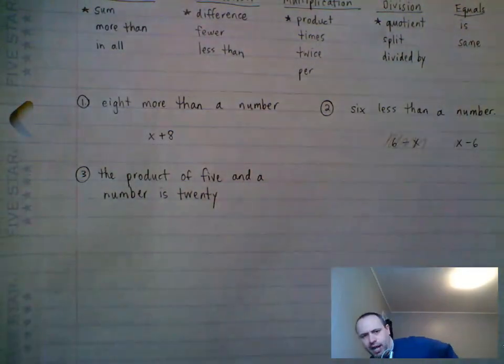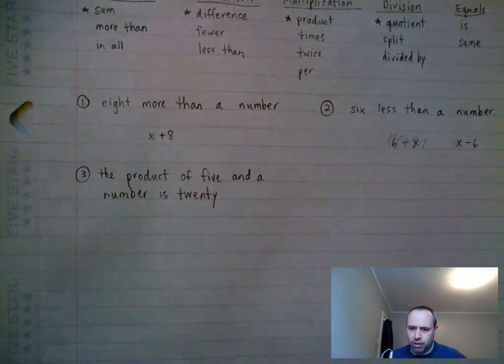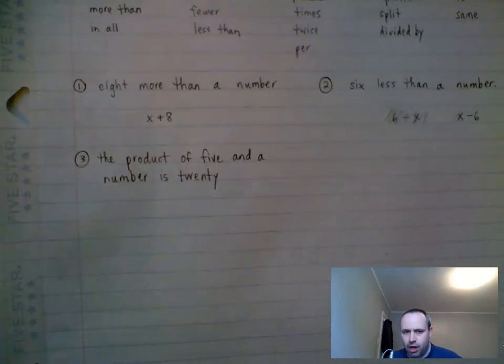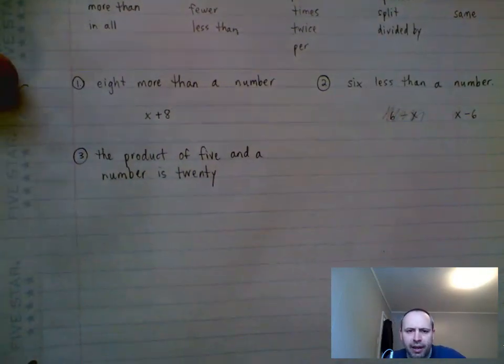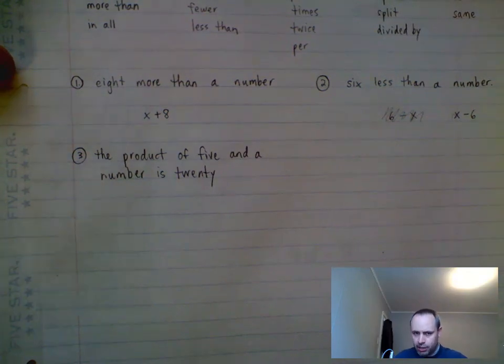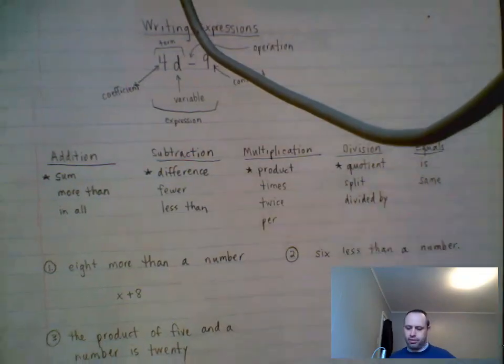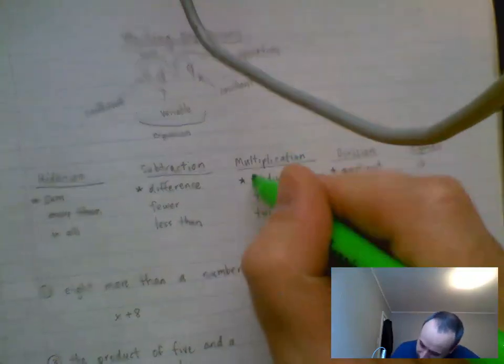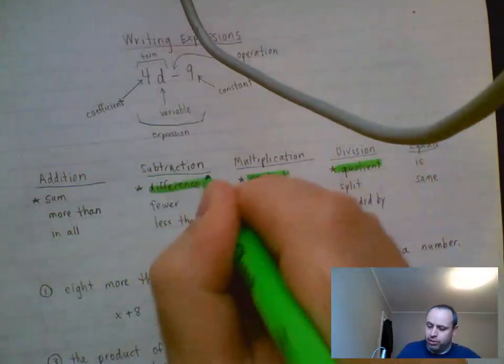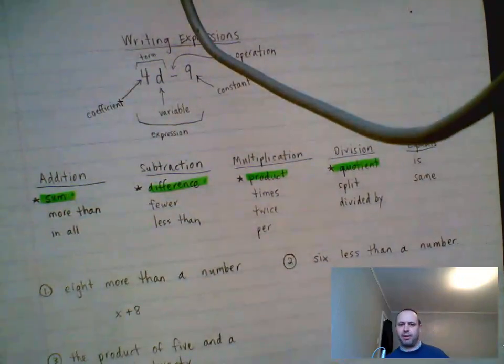The product of 5 and the number is 20. Okay, so in this one, you can pause it, try it if you want to. We added a few more components here. So first off, product means multiply. These ones are extremely important. You have to memorize these.